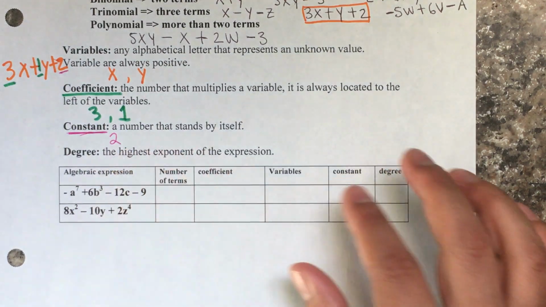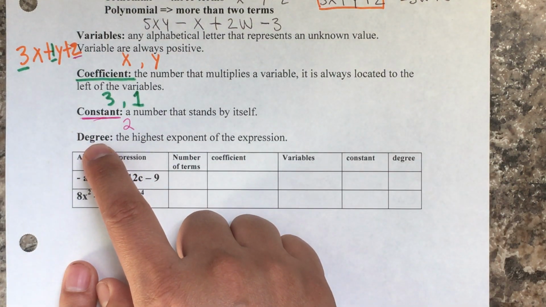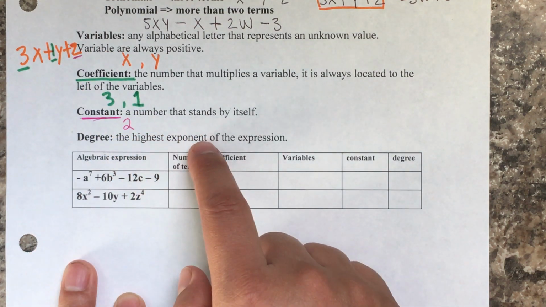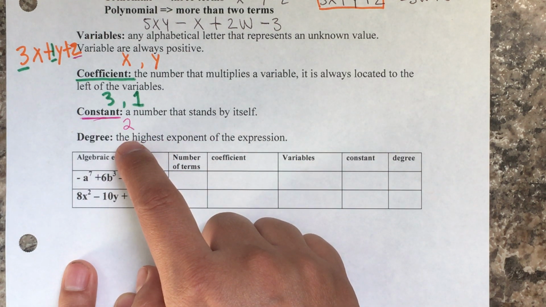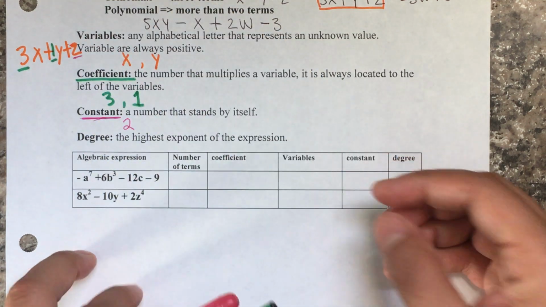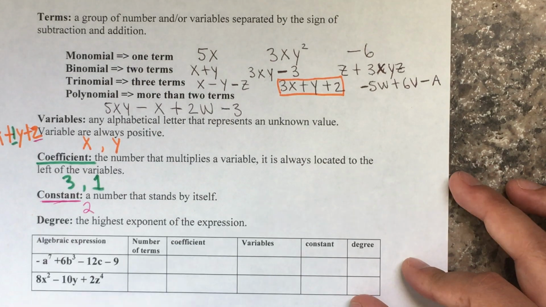This is not a good example for the next part, which is degree. What is the degree of the expression? It is the highest exponent of the expression. So it's going to be the biggest number that is the exponent. So for example, let's look at some of those in here.